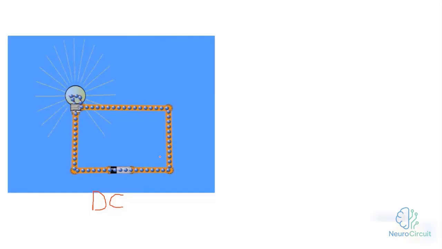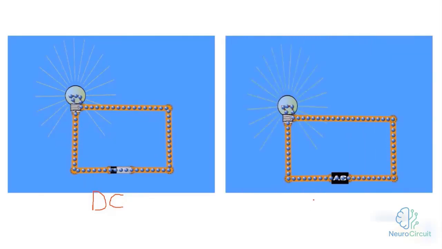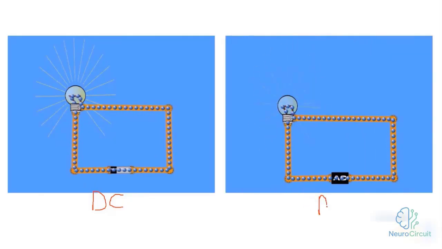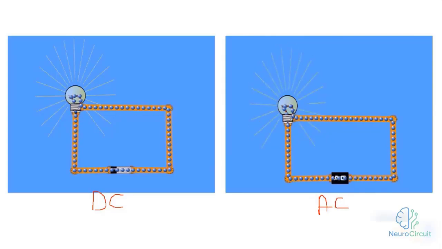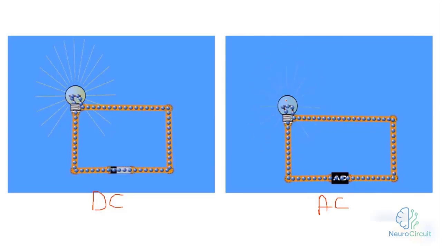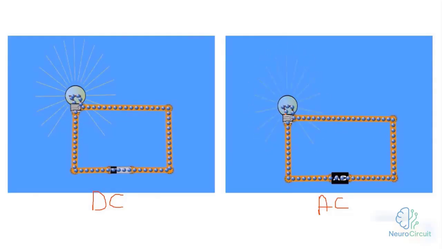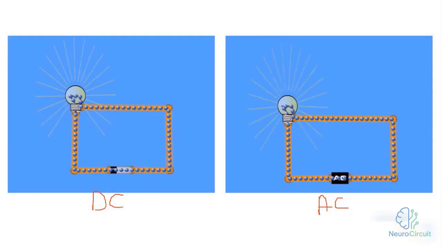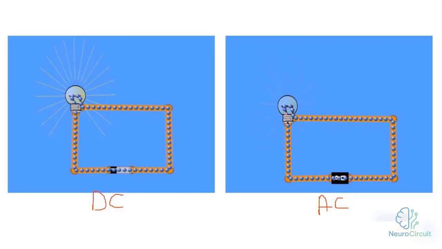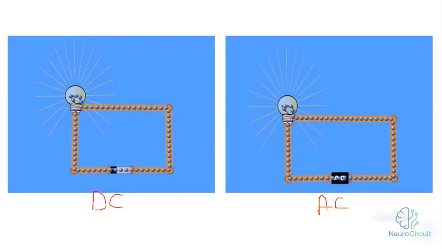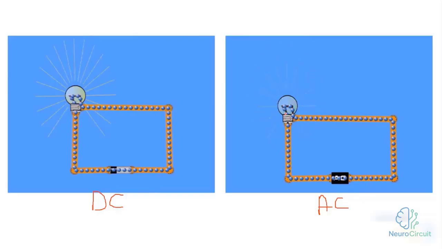But in this part, which is AC and has alternating current, here you can see that the lamp is constantly turning on and off. We can see here that it keeps turning on and off, but this switching happens so quickly that our eyes can't perceive it. But by using certain devices and detectors, we can observe this continuous switching on and off.